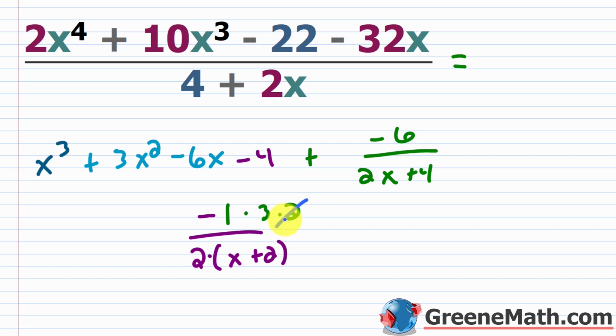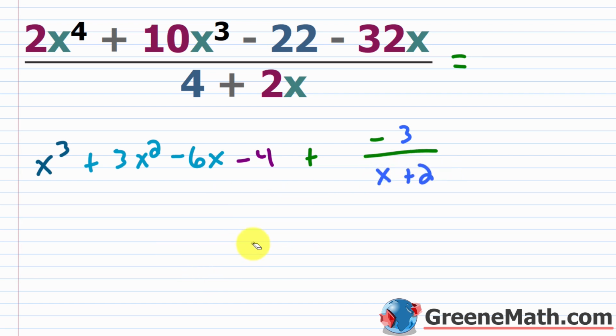I can cancel this factor of 2 with this factor of 2. And what I'll be left with is negative 3. So let's write this as negative 3 over my x plus 2. So that would be our final answer. Of course, you can put this as minus and put a 3 up there. It's really up to you. So you'd have x cubed plus 3x squared minus 6x minus 4. And then minus, you have this 3 over x plus 2.